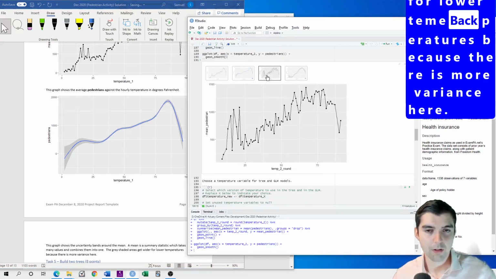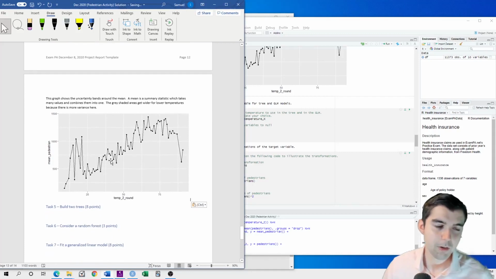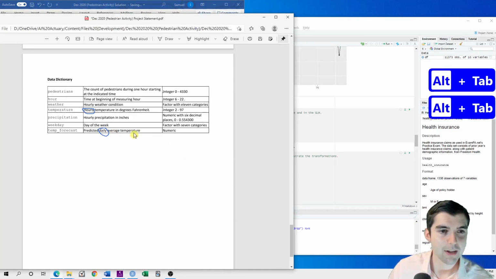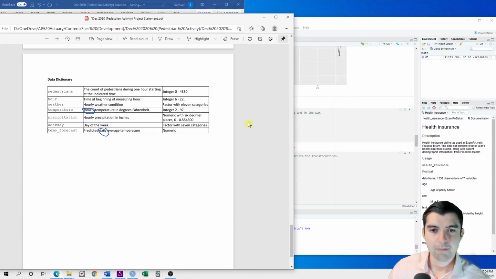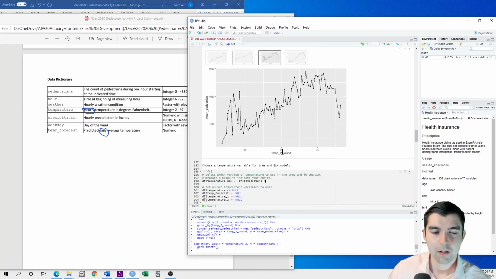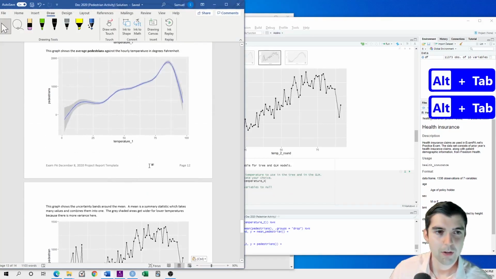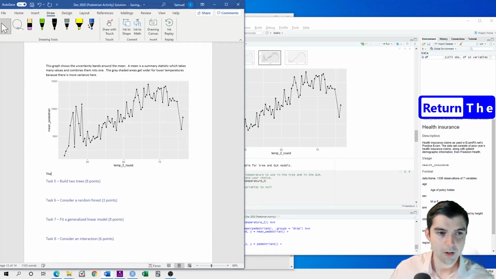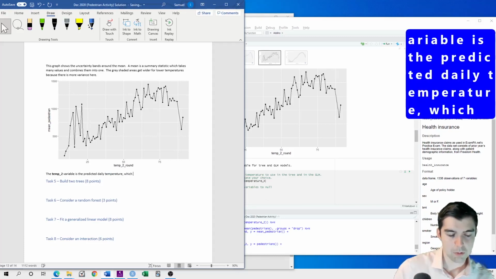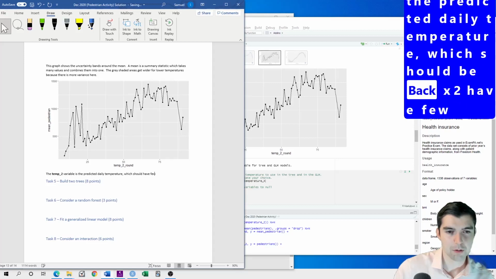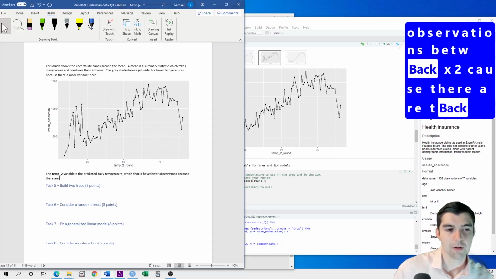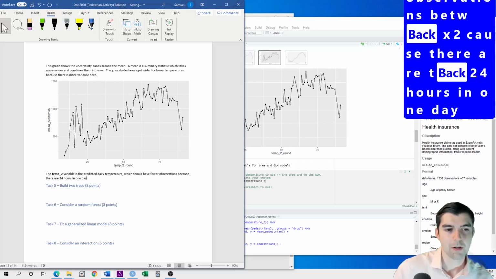So you can see that this variable has a lot more variance. Again, this is the predicted daily average temperature, and this is hourly temperature. It doesn't really make sense here because we would assume that there are 24 hours in a day. So the temp2 variable should have fewer observations because there are 24 hours in one day.